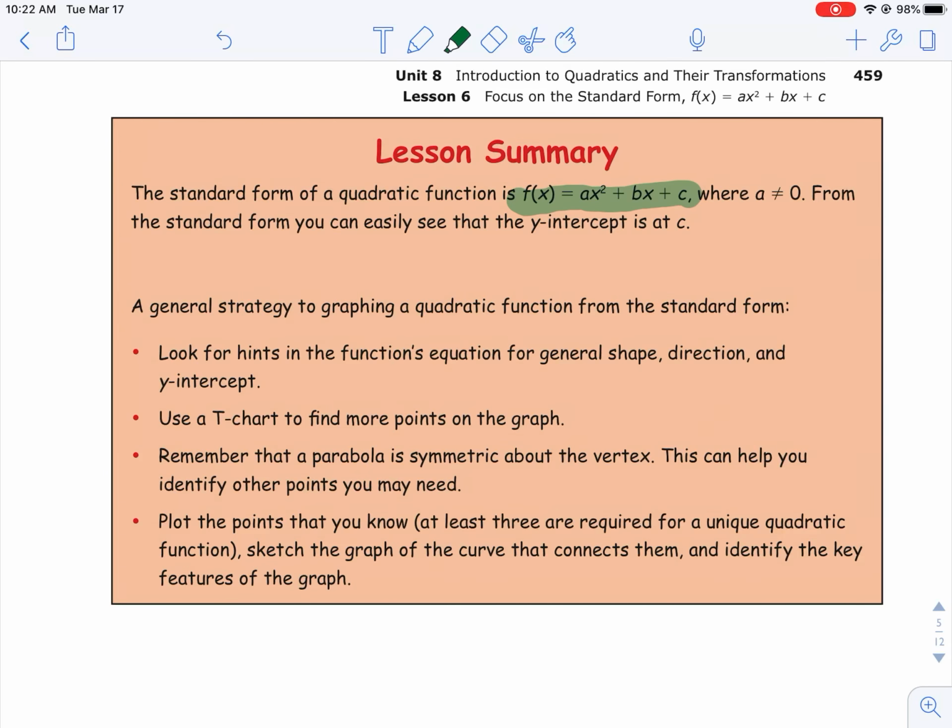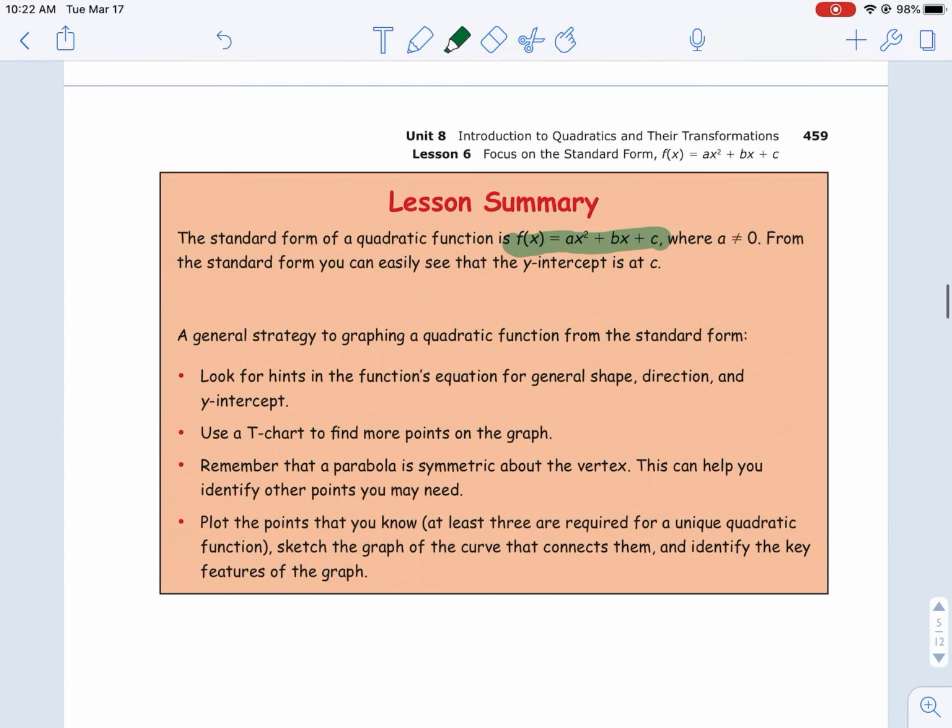A general strategy for graphing a quadratic function from the standard form: look for hints in the function's equation for general shape, direction, and y-intercept. Use a t-chart to find more points on the graph. Remember that a parabola is symmetric about the vertex. This can help you identify other points you may need. And plot the points that you know; at least 3 are required for a unique quadratic function. Sketch the graph of the curve that connects them and identify the key features of the graph. And that is it for lesson 6.